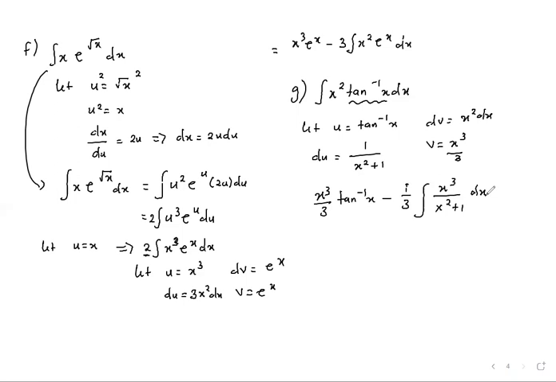So when you have this setup, we use partial fractions, because the power up is bigger than the one under.